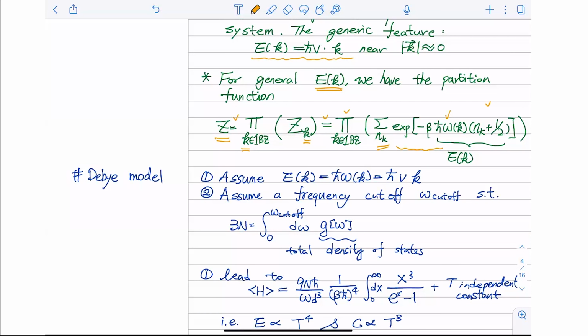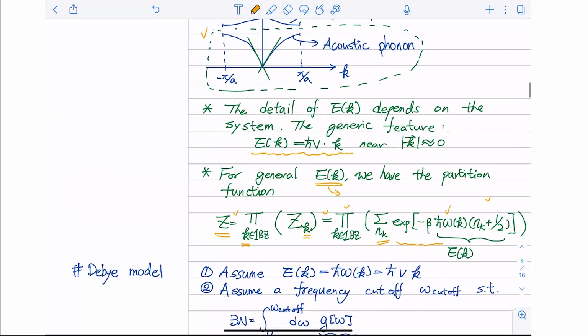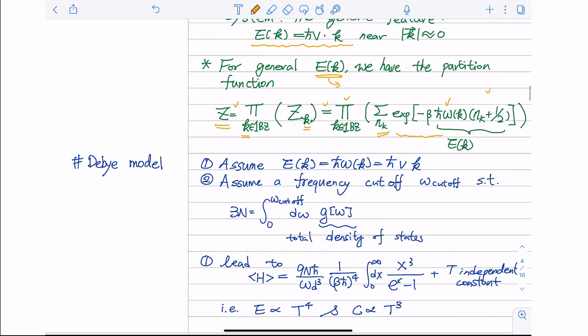Okay. As I just described, this ek in general can be relatively complicated and also have a lot of structure that depends on the details. So we introduce one important model, which is the Debye model. The Debye model basically tries to capture two generic features of the acoustic phonon mode.